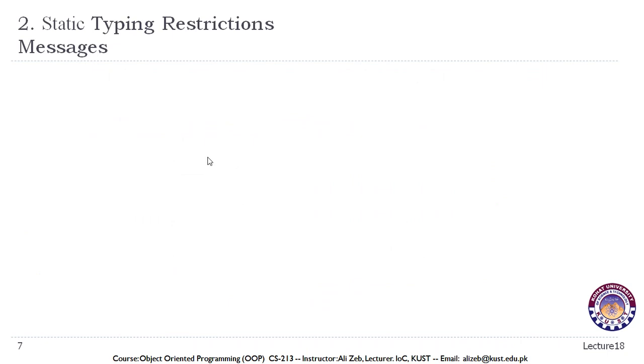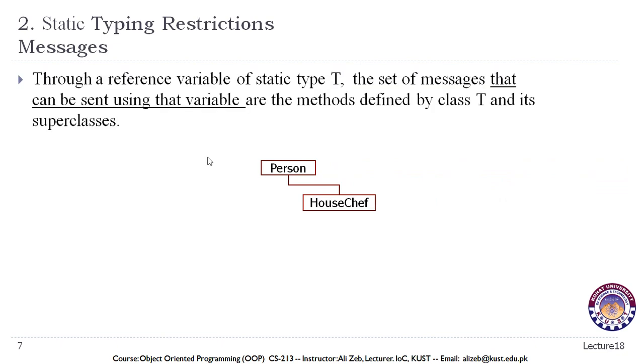Static type restrictions. We'll talk more about restrictions on messages, for example, method calls. Through a reference variable of static type T, the set of messages that can be sent using that variable are the methods defined by class T and its superclasses. So if you want to see what methods we can call through an object that has been declared with the static type T, for example, we discussed an example in our polymorphism lecture.